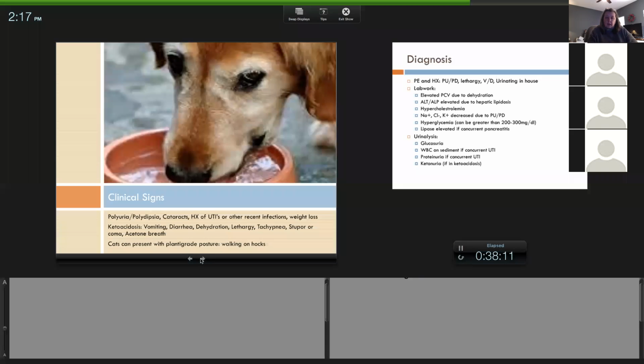Now, when they're in what's called ketoacidosis, we start to see vomiting and diarrhea, and they're usually very dehydrated. All of that tends to make them lethargic, because if they're vomiting and having diarrhea, and even if they're eating, remember I said they might be trying to eat, but the body's not recognizing the glucose, so it's going to break down the stores.